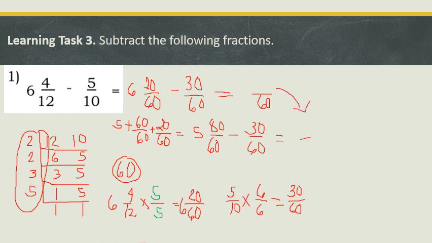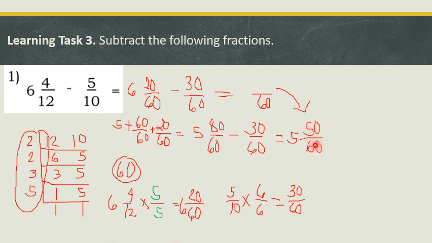Okay, so copy natin ang denominator, 60. Then, yung numerator natin, 80 minus 30 is 50. Then, isolve naman natin yung whole number, 5 minus 0 is 5. Okay, so kaya ang answer natin is 5 and 50 over 60. So, yung 50 over 60 po ay may common factor.